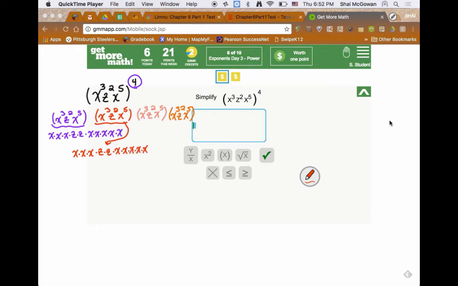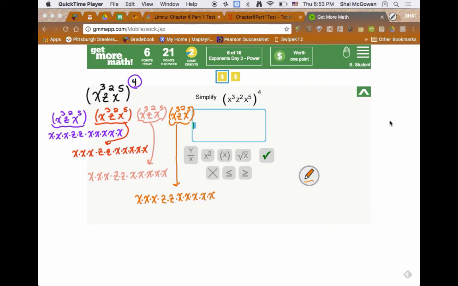So that's the second one. We're going to do that again for the third one, and now the last one, I'm going to put it down there.